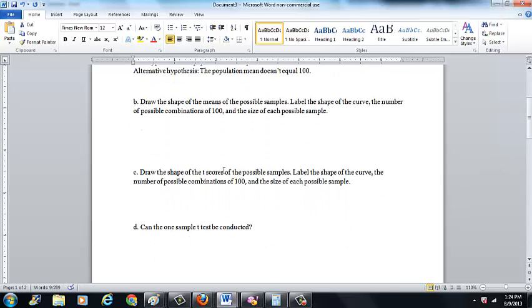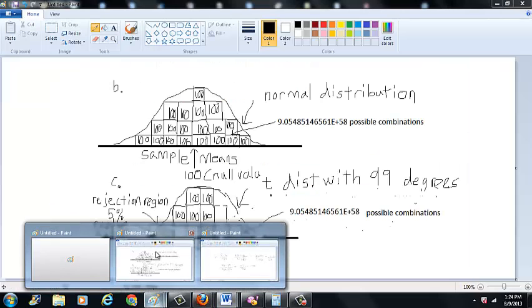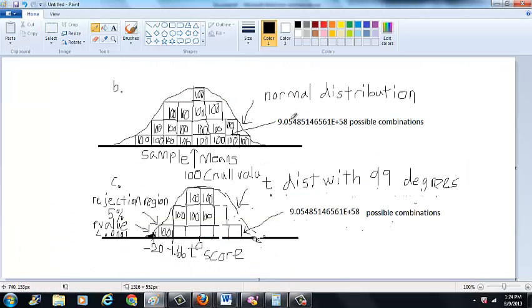This question says, draw the shape of the t-scores of the possible samples. Label the shape of the curve, just like we did before. If we ended up with a normal distribution in part B, our curve in part C will be a t-distribution with degrees of freedom.